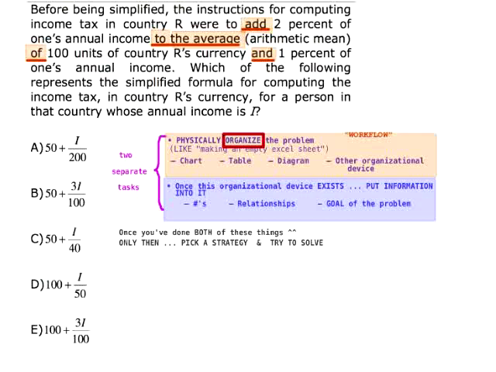The main idea of this problem is you're going to take something and add it to the average of something and something else. You guys know how to take averages. You add them, and you divide by 2.